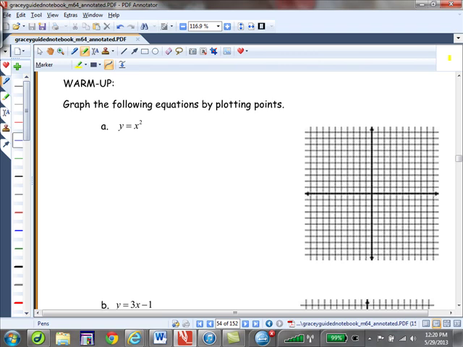Okay, let's see how you did. With the first one, let's go ahead and make a box, or I will make a box. So we have x, we have y is equal to x squared, and then we'll have whatever the ordered pair ended up being.